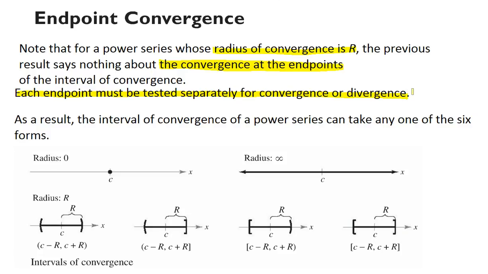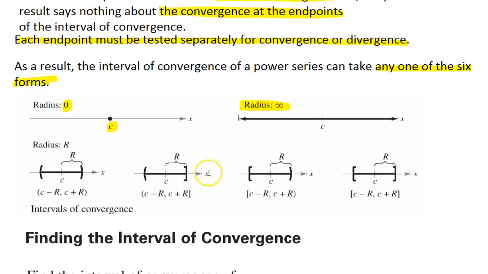Alright, so today we are going to talk about the interval of convergence. The interval of convergence of a power series can take any one of 6 forms. If the series is convergent only at its center, then the radius is 0. If the series is convergent on the entire real number line, then the radius is infinity.